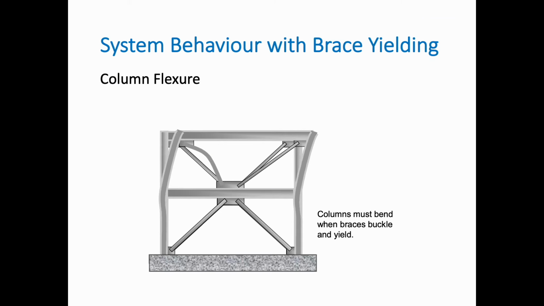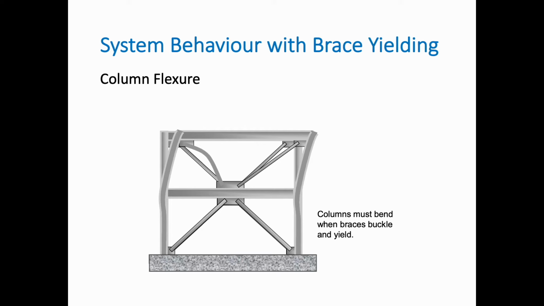So another aspect of the behavior of braced frames is that we may get a non-equally distributed force along the height of that braced frame. We tend to think that a braced frame is a vertical cantilever, and everything moves in one way, but in fact we do get different modes of failure.